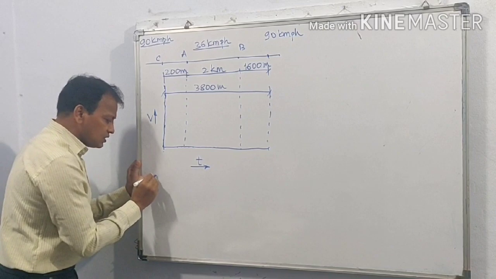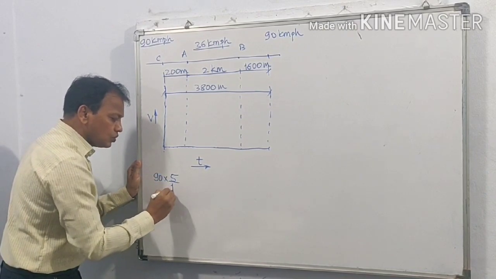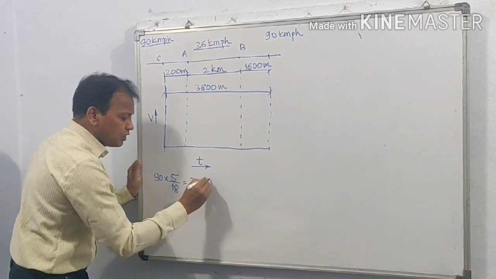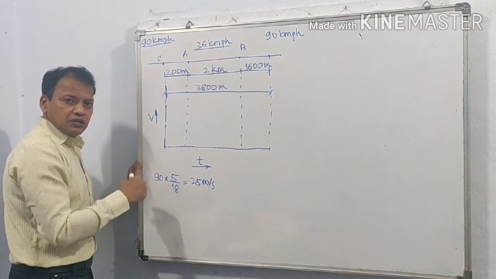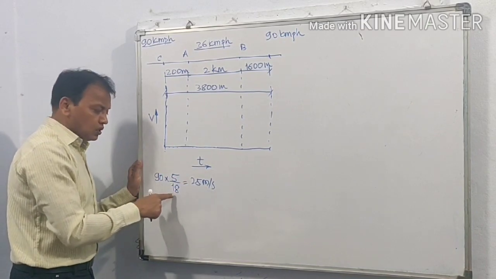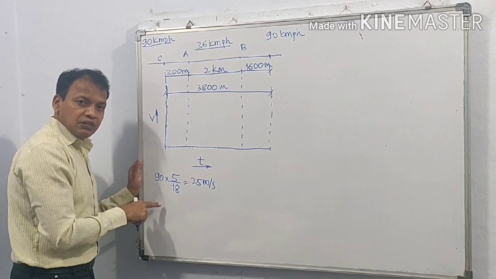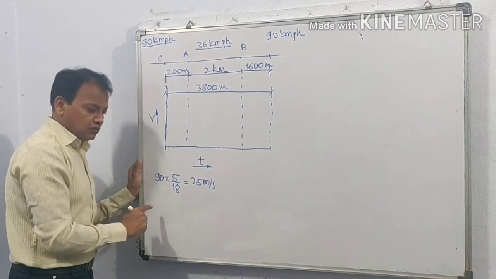Let us convert this 90 km per hour into meter per second. That is 25 meter per second. Why 5 upon 18? 90 km into meter, 1000 divided by 60 into 60, that is 1000 divided by 3600, that is 5 upon 18.